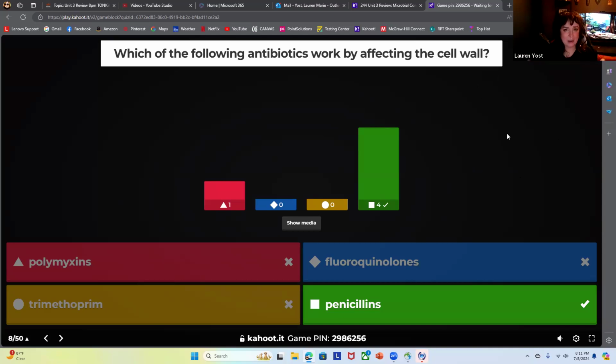Now, I highly recommend for understanding the antibiotics and knowing which one falls into which category, sort them out by which part of the microbe they affect. Is it going to be the cell wall? The nucleic acids? The membrane? The protein? Or the folic acid synthesis pathway? So those are the 5 that we have in just the bacteria.